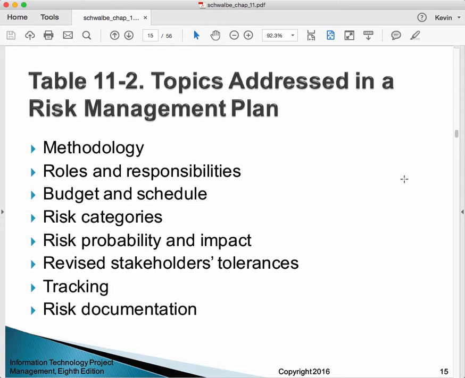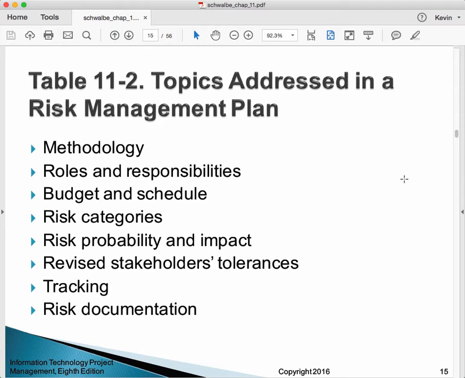Okay? So here's where I remind you in each of the knowledge areas that you don't have to create these things from scratch. You might have some of these things addressed in documents for your organization that are part of the governance of the organization, in which case you could simply refer out to them.